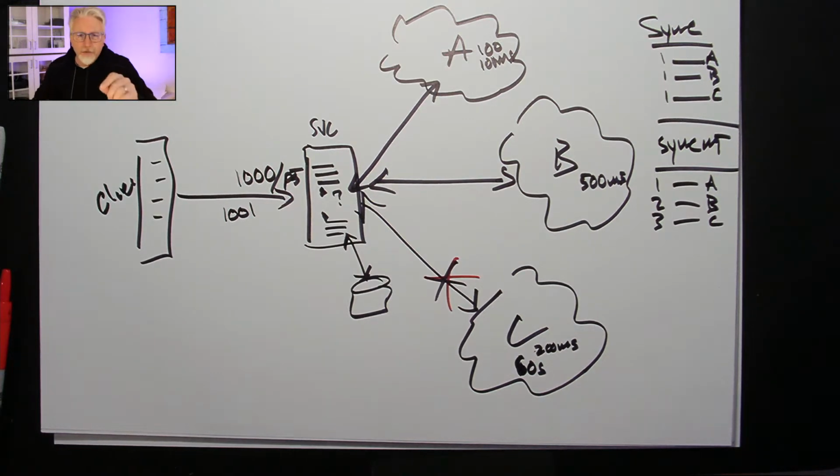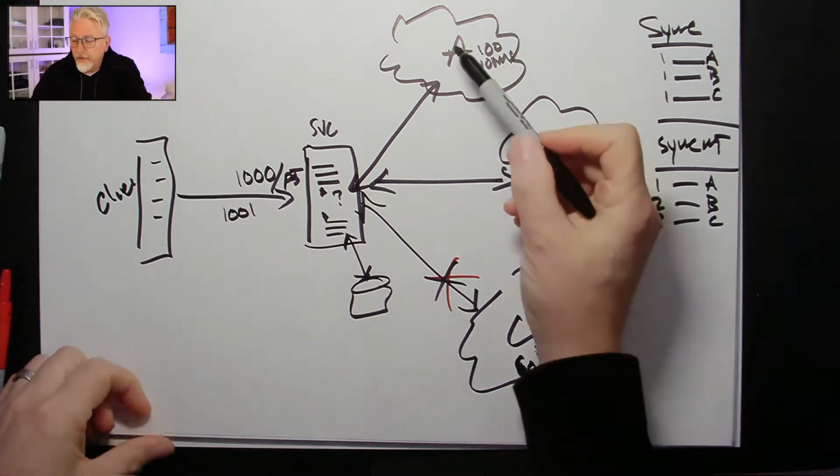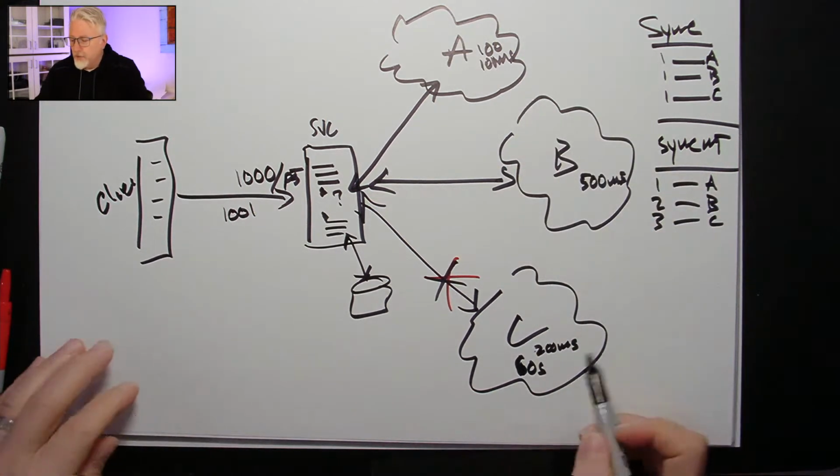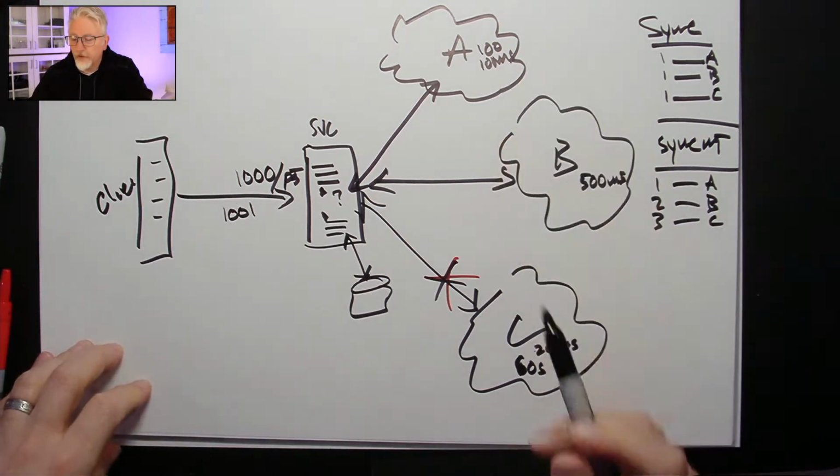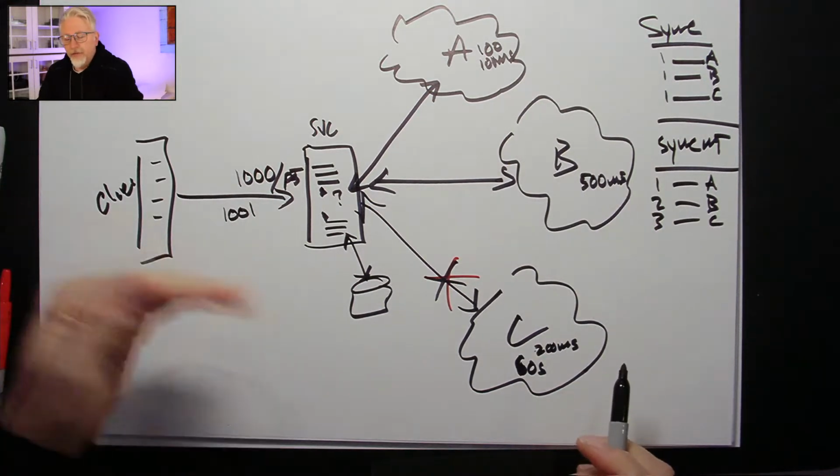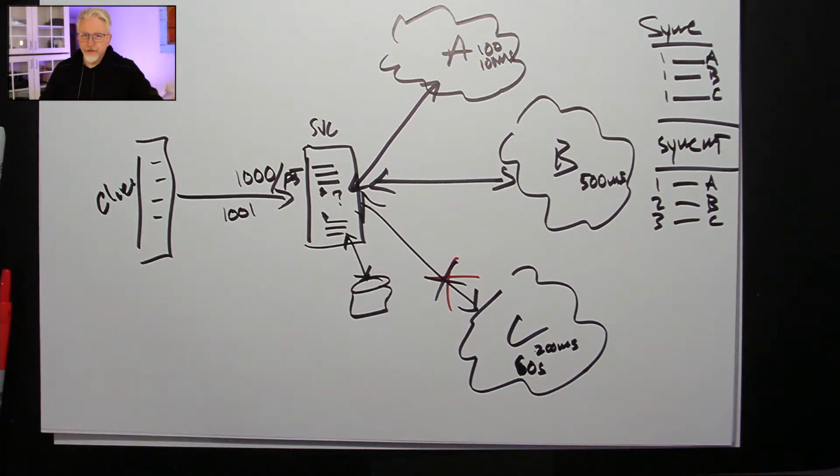There's another concept you'll hear in PerfBits that we talk about a lot called latch time. So let's say services A, B, and C are running beautifully, 200 milliseconds, 500 milliseconds, 100 milliseconds. And we have 1,000 transactions per second coming into this server.